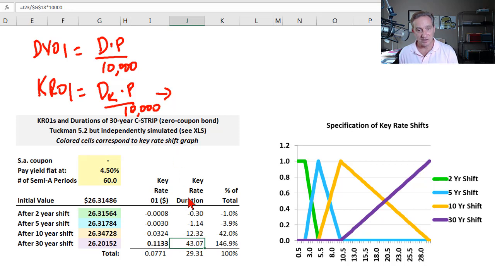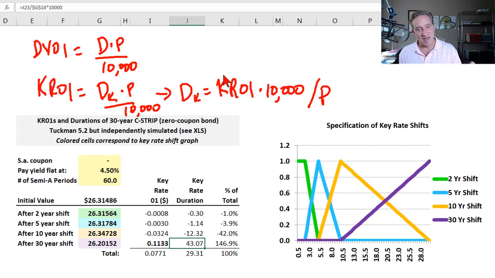And that means that, solving for this key rate duration, our key rate duration is equal to the key rate 01 multiplied by 10,000 divided by the price. So that's the formula that I have here.